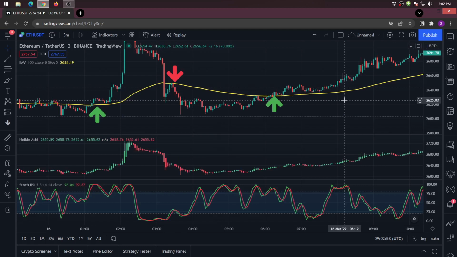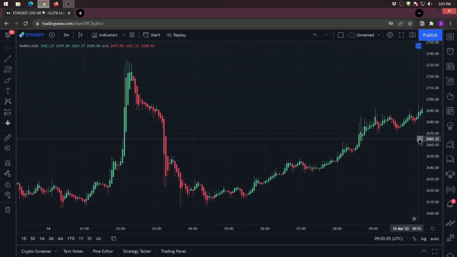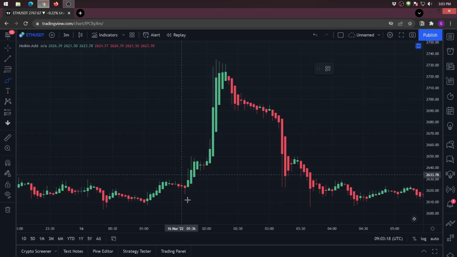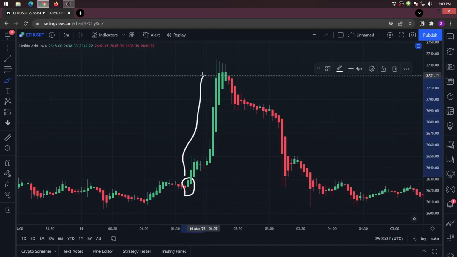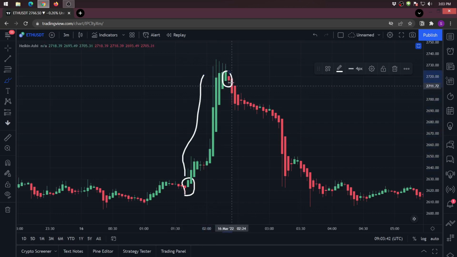Now let's introduce the Heikin Ashi confirmation. When you see the first green candle, it means there is a possibility of a strong uptrend, and when you see the first red candle, there is a possibility of a strong downtrend.